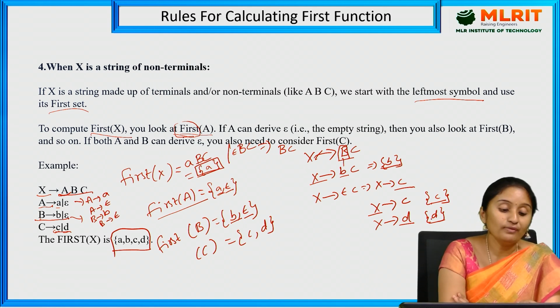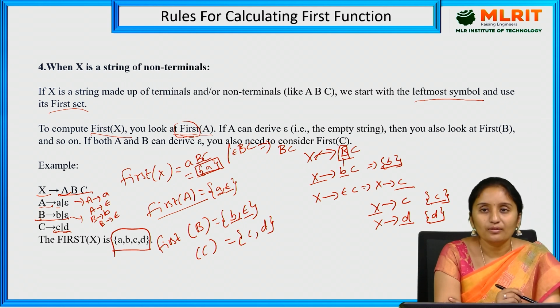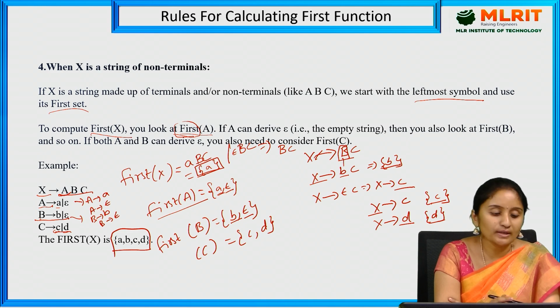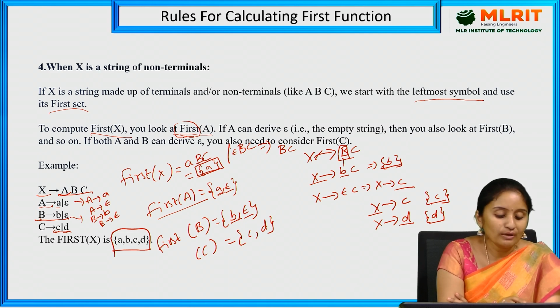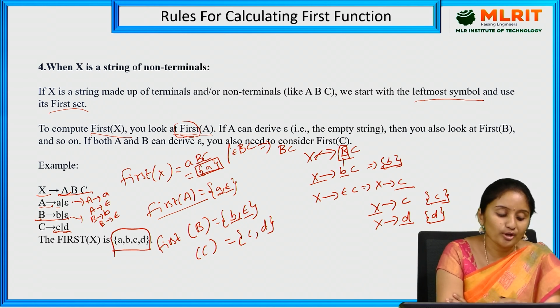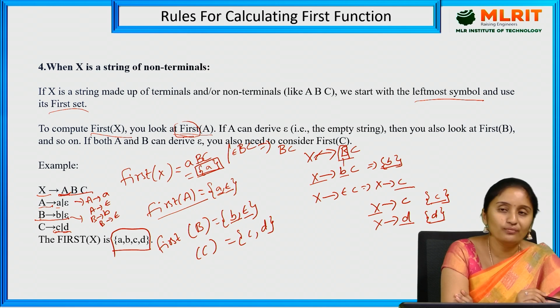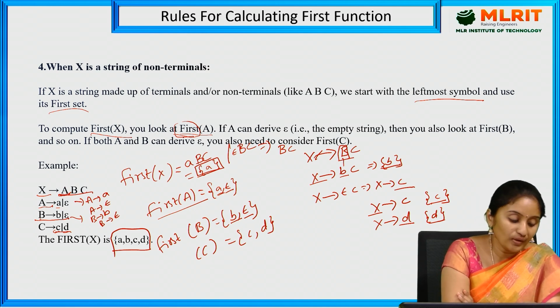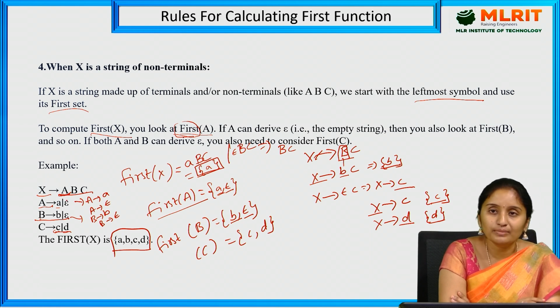So, if we have multiple non-terminals, then if I get a non-terminal, we are going to calculate the first of that non-terminal. Then those values are going to be substituted in the place of A. And if I have epsilon, it tells us it's empty.